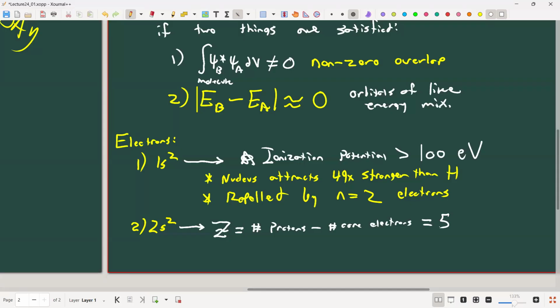But effectively, it feels a formal charge of 5 instead. And so the 2s electron will ionize at more of a hydrogen level of energy. They're not going to be quite 13 because they're more strongly attracted to the nucleus, which is effectively 5 instead of 1, but they're not going to be at 100 eV. In fact, when you go look at the data, you find that the IP of these is just 18 eV.